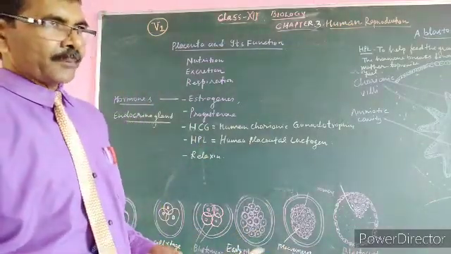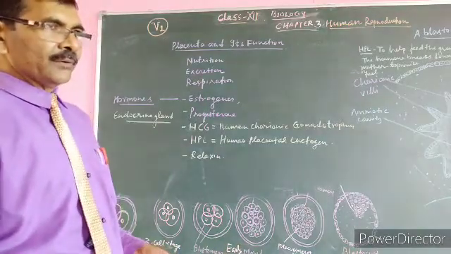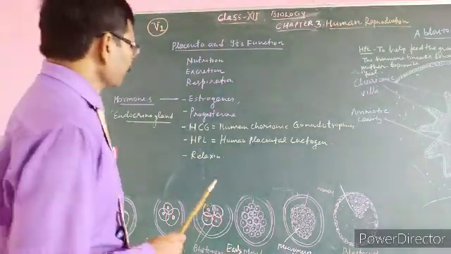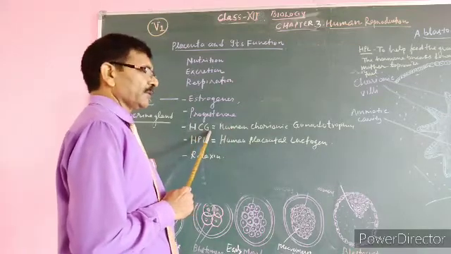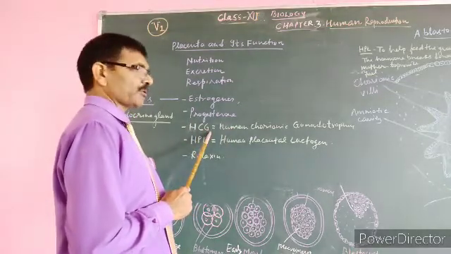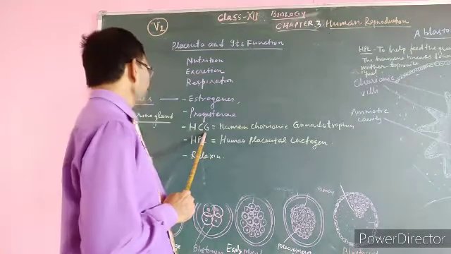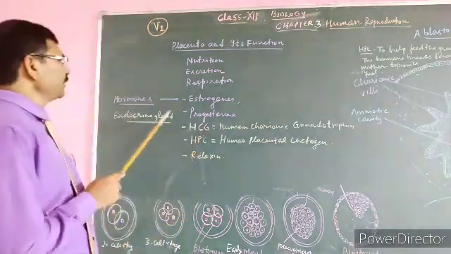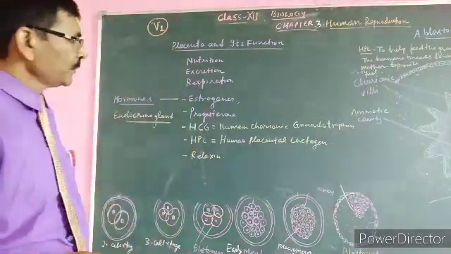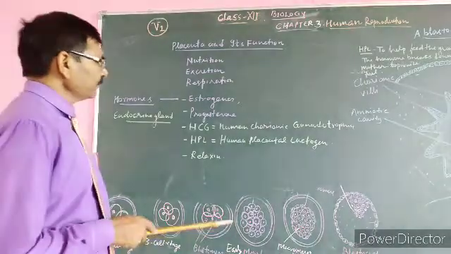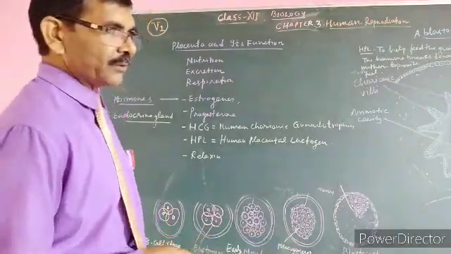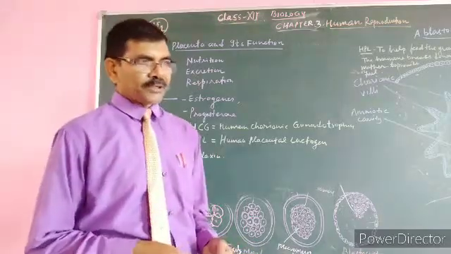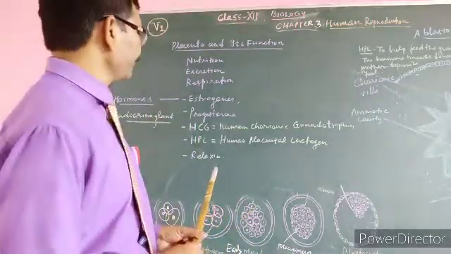About corpus luteum, I have already told you. The corpus luteum is maintained by HCG, human chorionic gonadotrophin, that is a hormone secreted by placenta. The corpus luteum maintains pregnancy by continued secretion of progesterone hormone.